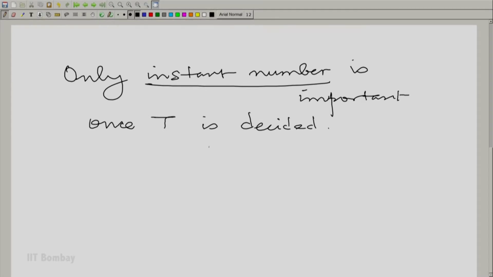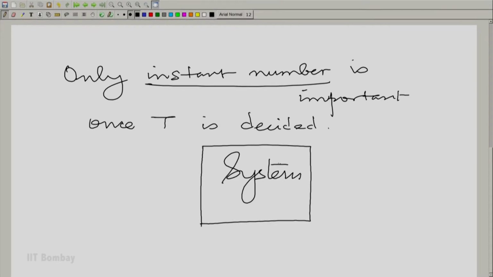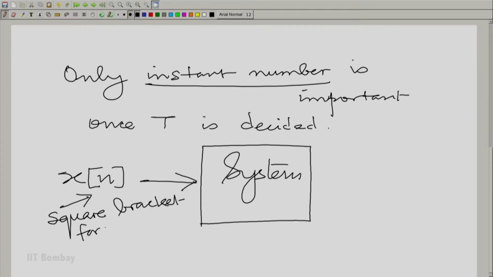So, we could now think of a system where the input is recorded only as a function of this instant number. So, let us call it x square bracket n. Now, we are using square brackets to denote discreteness. And similarly, we will also record the output only at those instants.